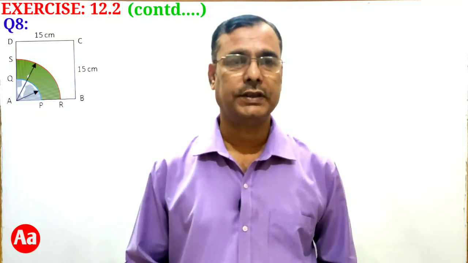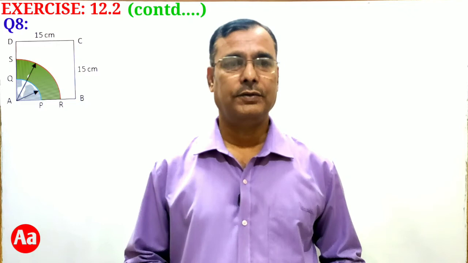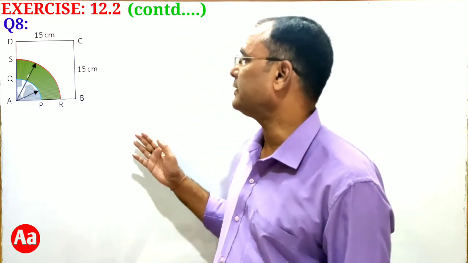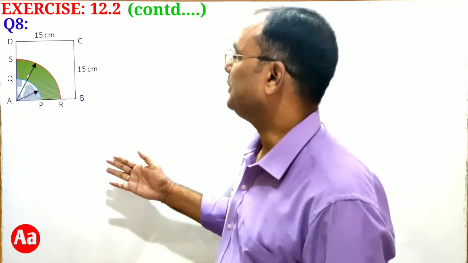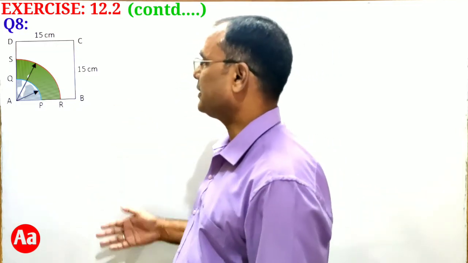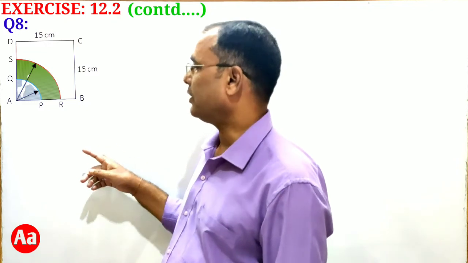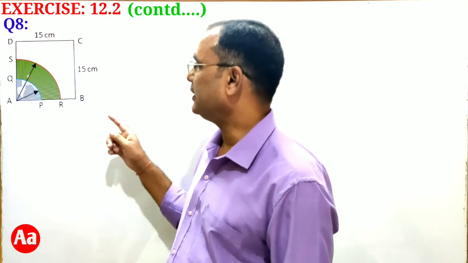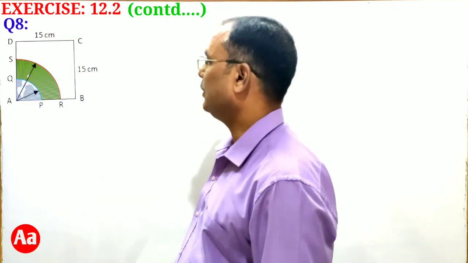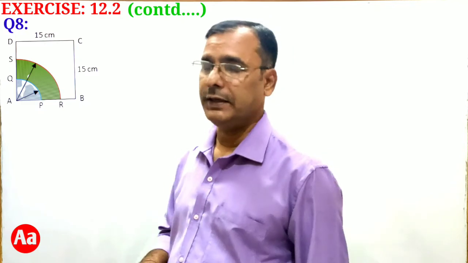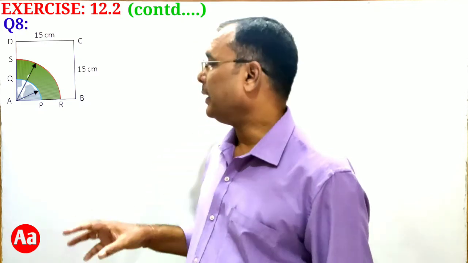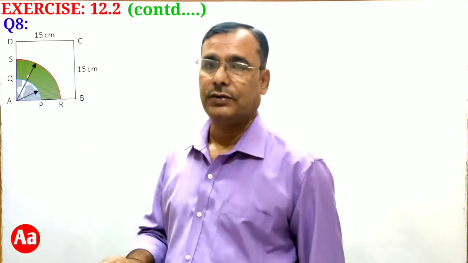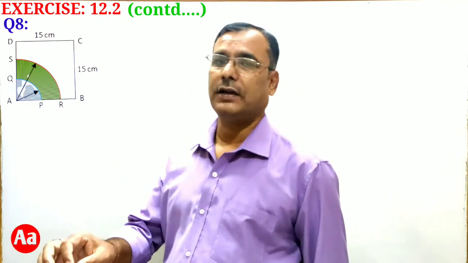To solve this question, let's have a figure which represents this situation given in the question as shown in this figure. In this figure, ABCD is a square grass field, and at corner A, one peg is there and a horse is tied with a 5 meter long rope, and we have to find the area of this part of the grass field in which the horse can graze with 5 meter long rope.